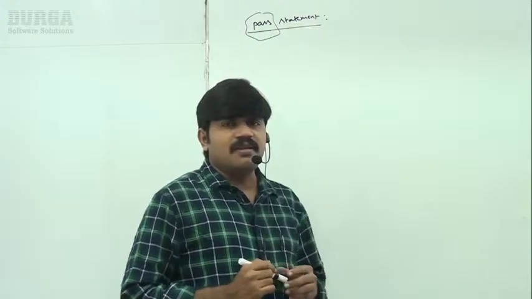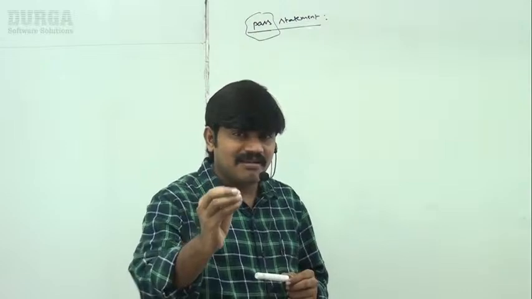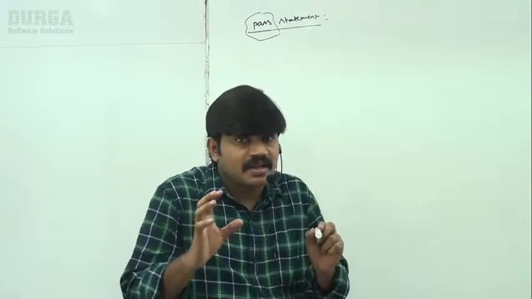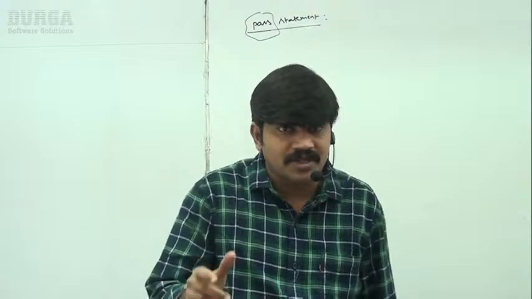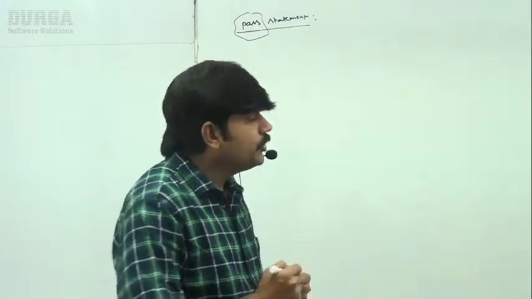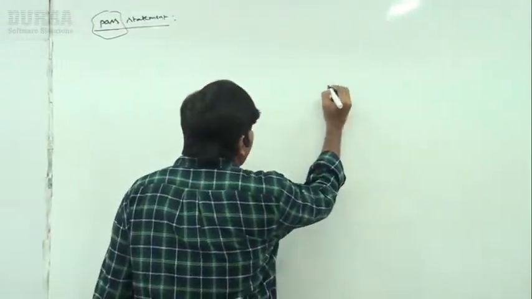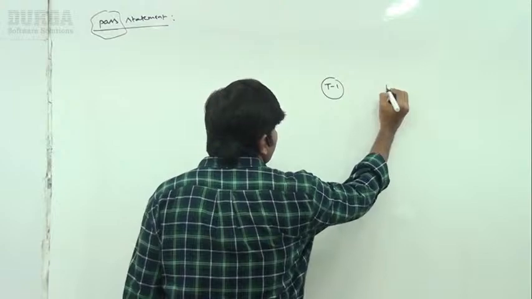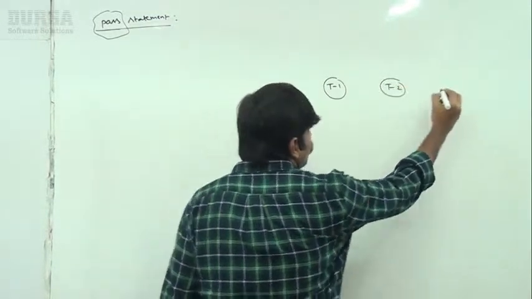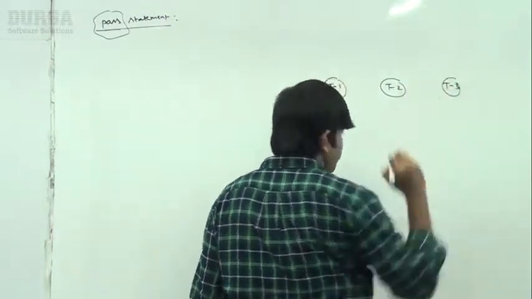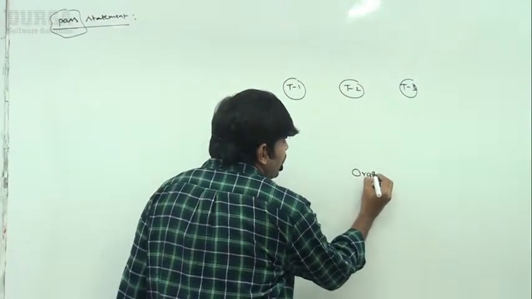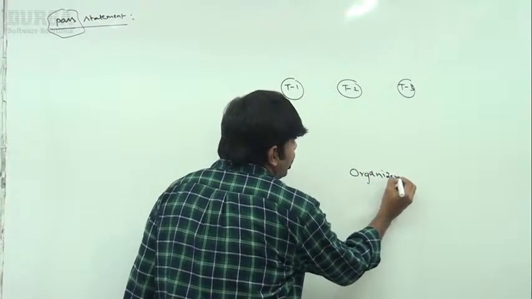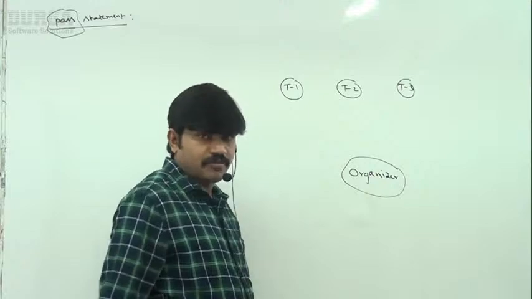Sir, very simple. Let me create one small analogy so that you people can get much clarity. Do you know quiz programs? Quiz competitions in your colleges, right? Assume that there are multiple teams: team 1, team 2, and then team 3. The mentor or organizer is responsible for asking the questions.